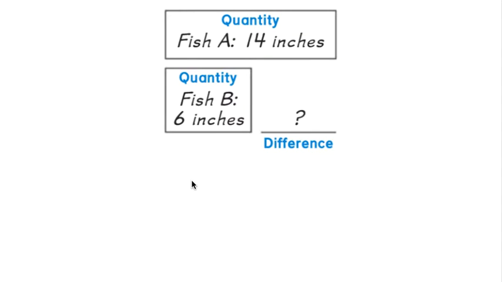And each time that you hear me say quantity, think amount. And that's the length of fish B. The difference line, where you see the question mark, shows how many more inches fish A measures than fish B. The quantity box at the top is as long as both the bottom quantity box and the difference line.